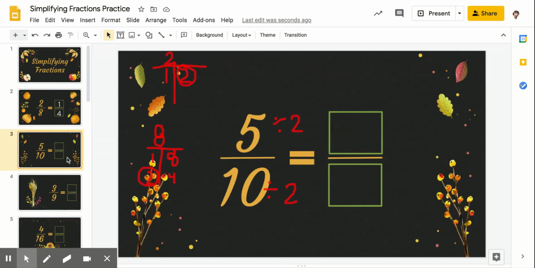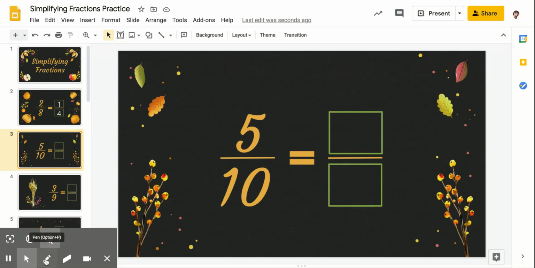Let's look at our second one. We've got 5/10. We did 5/10 yesterday, right? We determined that 5/10 was a fraction that could be simplified, because when I'm thinking about 5, 5 is a prime number, right? So 5 can only really be divided by 5. When I'm coming up with my T-charts, I know that 1 times 5 is the only way to get 5.